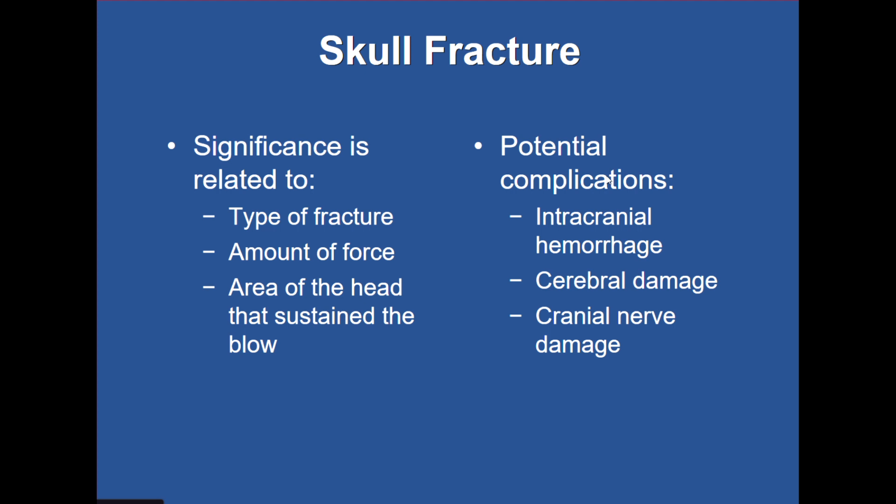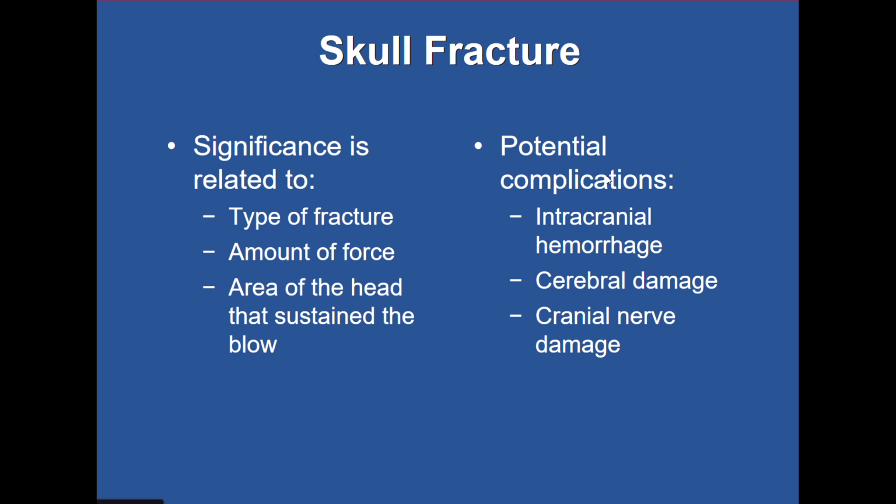Alright, there are four main different types of skull fractures that we'll talk about, and our biggest concerns are, again, that mechanism of injury and what injuries it can lead to, and what it can spur.